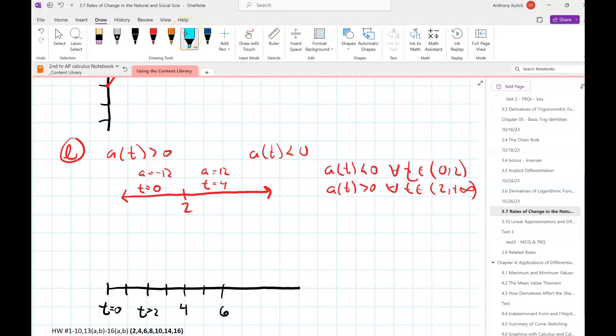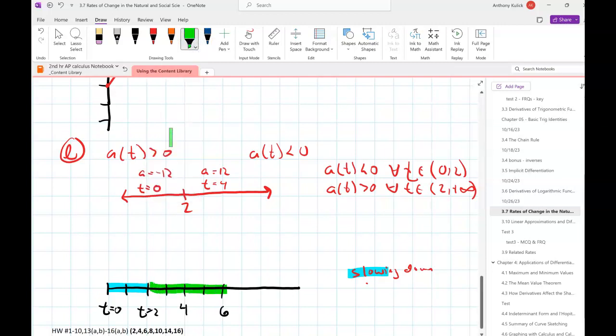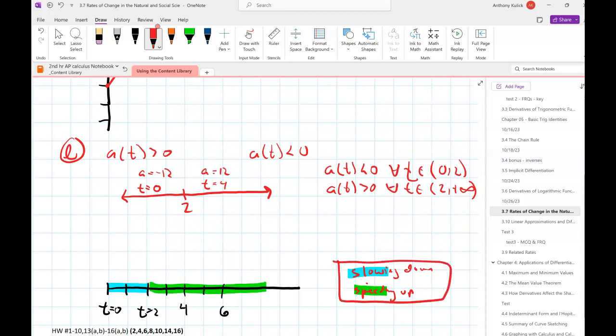So from here to here, we are slowing down. And then from here on, we're speeding up, right? And this is from acceleration.